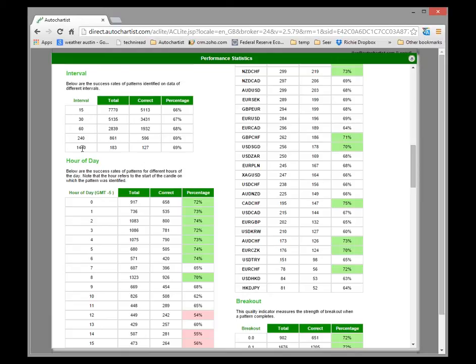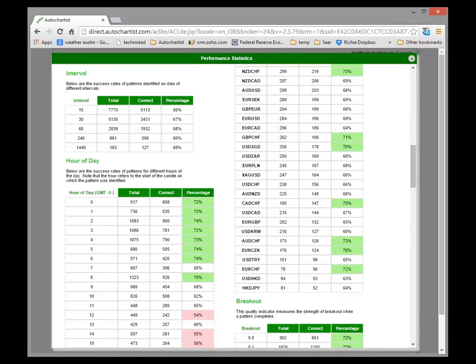Now, other than channel up and channel down, which have been doing pretty well over the last 6 months, what do we notice about the very high performance patterns? Well, you wouldn't know this, but let me tell you what it is. They are all based on some kind of horizontal level.